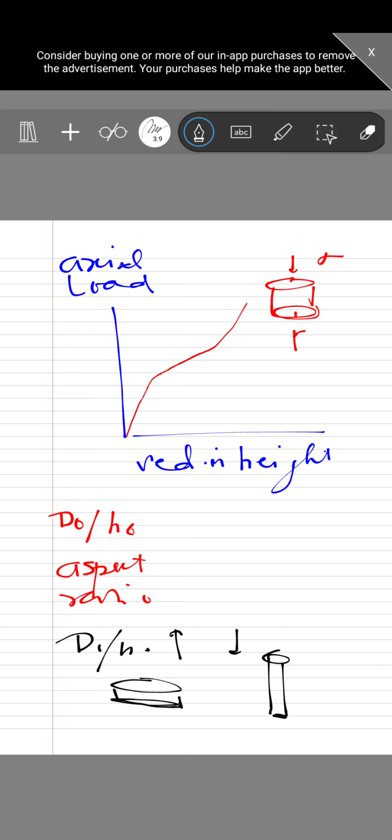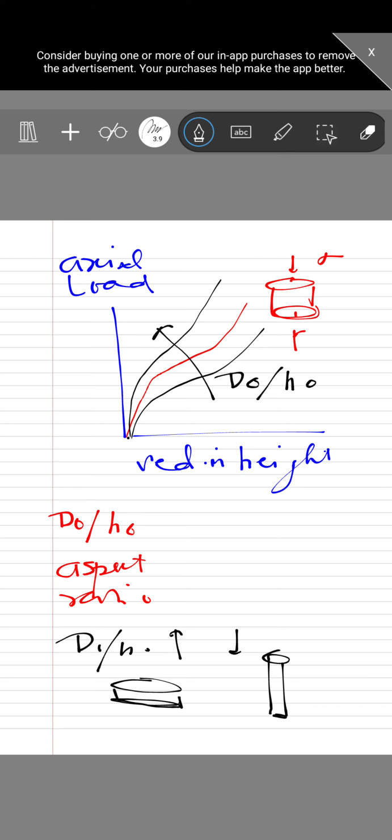Now we can have different plots. So a higher value of D0 by H0 will give you a higher slope. So you have three different slopes. Based upon this D0 by H0 ratio, we'll have different plots.